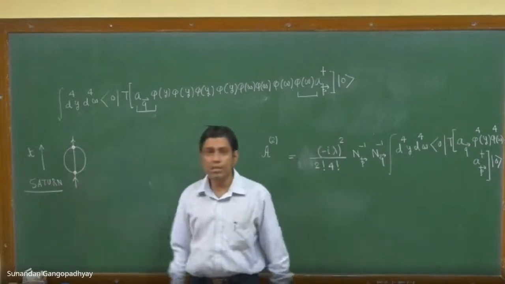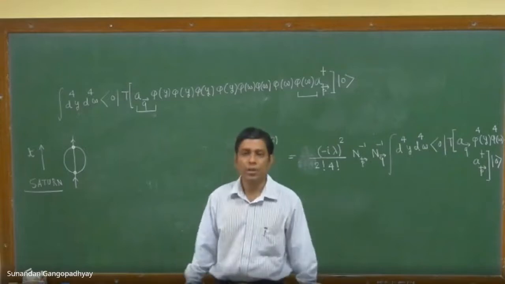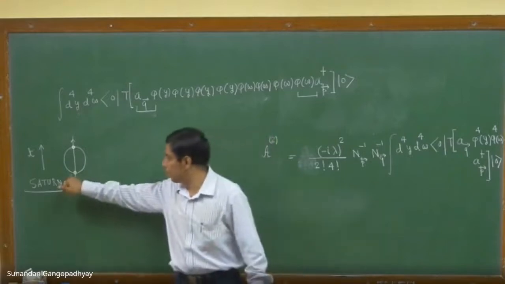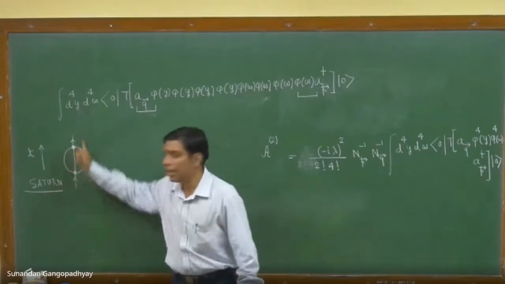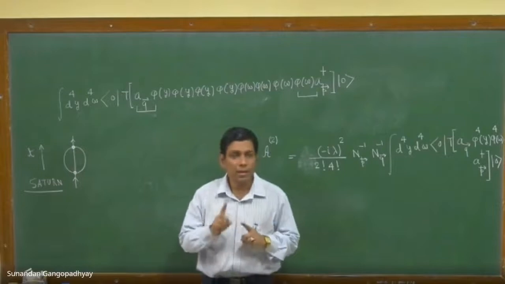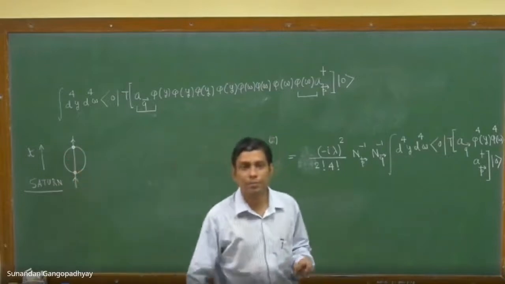So you can see that there are quite a few things in this diagram. Every Feynman diagram in any theory will consist of vertices. There will be external lines, external incoming line, external outgoing line, and internal lines or propagators.